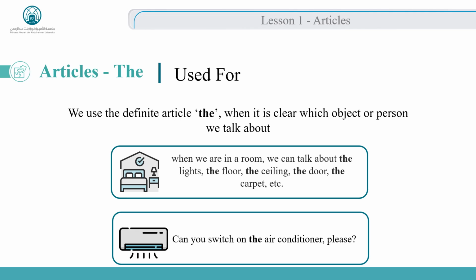That's why we use the before these objects even when we mention them for the first time, because it is clear which objects or even persons we are talking about. Let's have an example. Can you switch on the air conditioner, please?